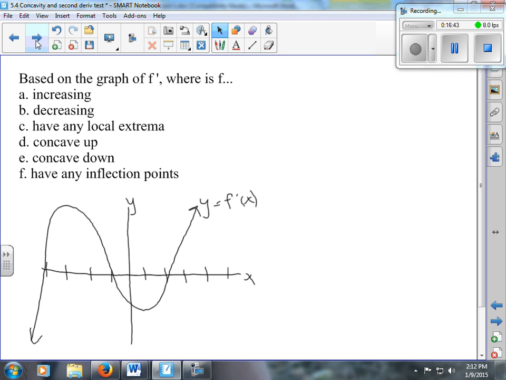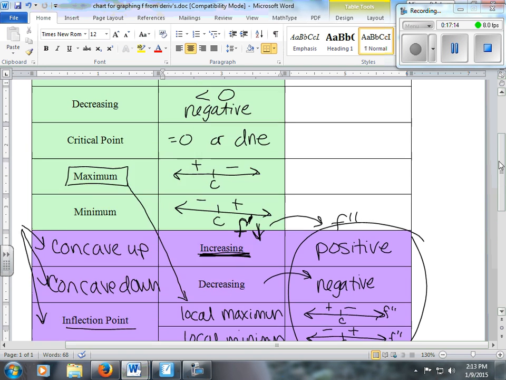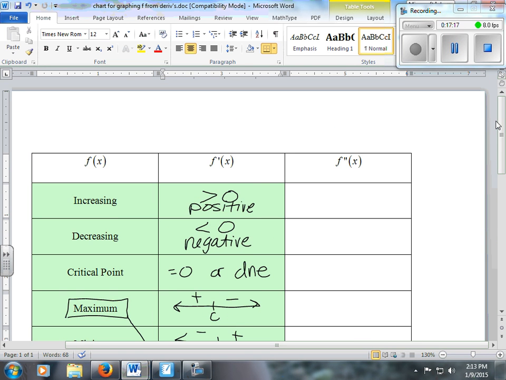And this is going to be our final example. This is a picture of the graph of the first derivative. And so when you read your chart, the information you're looking at is information about the first derivative. But my questions are going to be about f. So I want to know where f is increasing. Let's look at the chart. What is happening in f prime when f is increasing?